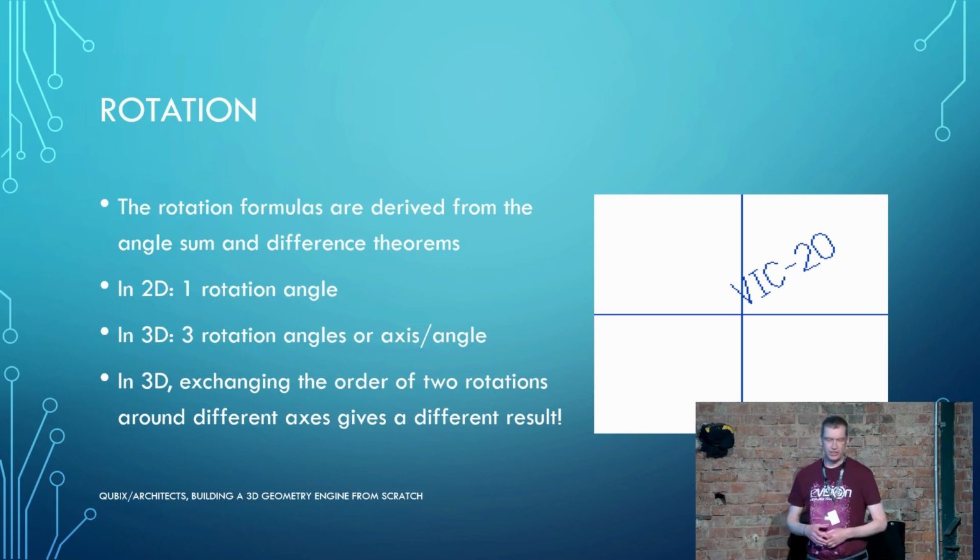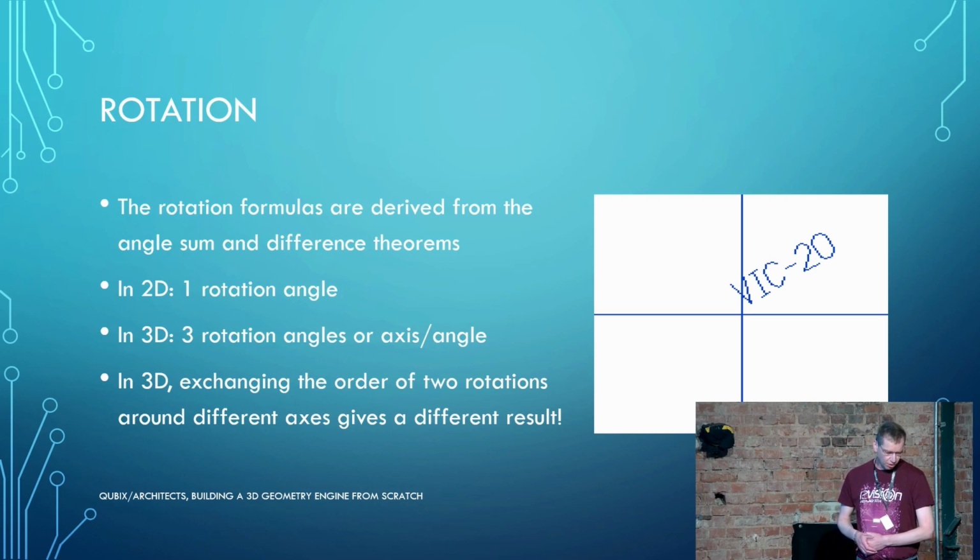If you do it in 3 dimensions, you need 3 rotation angles, or 1 axis and an angle. And it's always important to remember, if you do rotations in 3D and exchange them, the result is different.